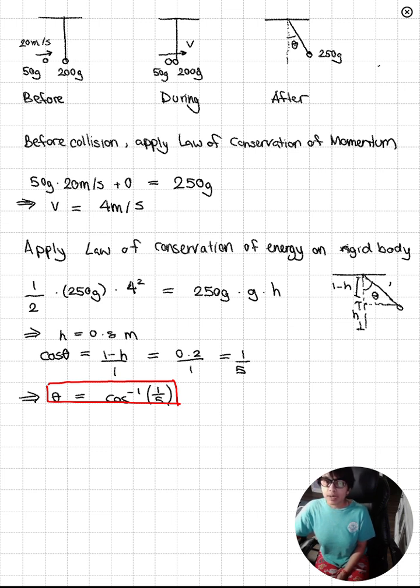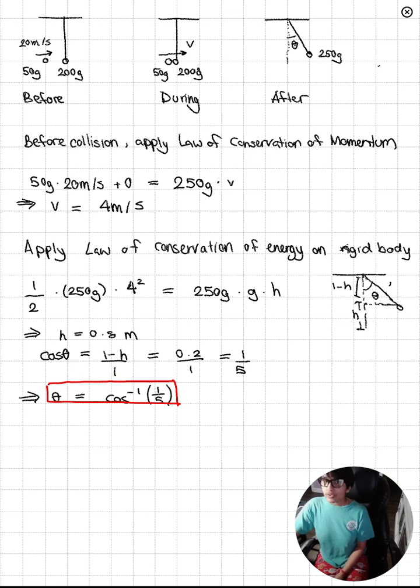Meanwhile, the other mass's momentum is zero since it's at rest. This is equal to, when the collision happens, 250 grams times the velocity at which it starts moving, after these two masses become one shared mass. And this new velocity ends up becoming 4 meters per second, as expressed here.